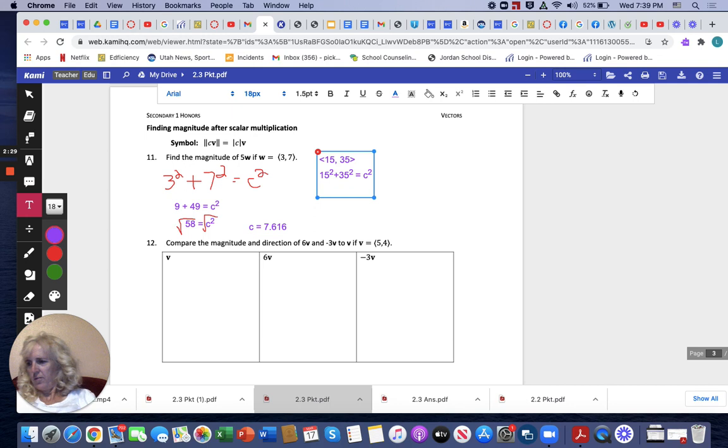Okay, and then we do 15 squared on our calculator. And 15 squared, 225, plus 35 squared, 1225, and that equals c squared.